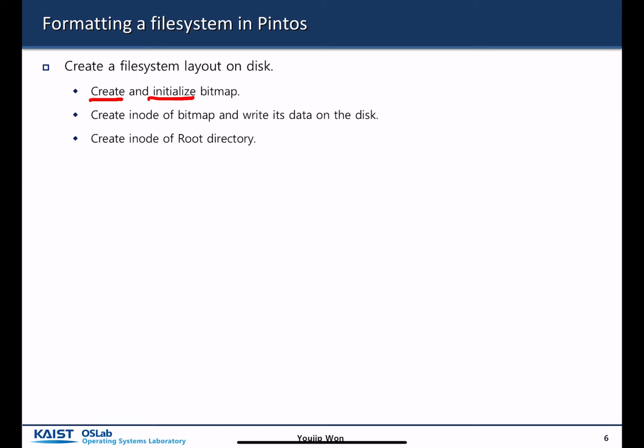So the bitmap is also a file, and you create an inode for the bitmap also. The basic data structure for the file system is the root directory, so you also have to create a root directory. After creating an inode for the bitmap, you have to write the bitmap to the disk to synchronize the file system state to the disk safely.